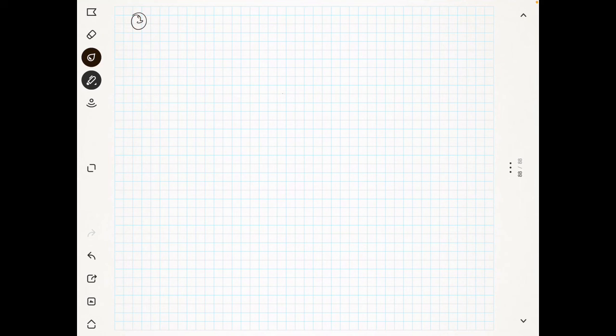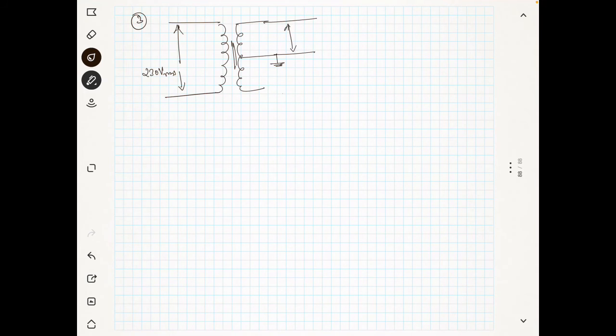Now we will see another problem which is related to the full wave rectifier. You have a full wave rectifier which is having a voltage supply of 230 volt RMS, and this is the transformer, and you have a ground here. This is the voltage between the ground and the center tap.